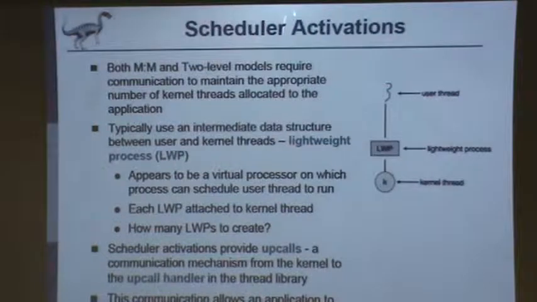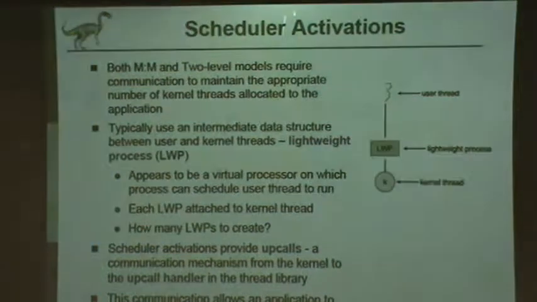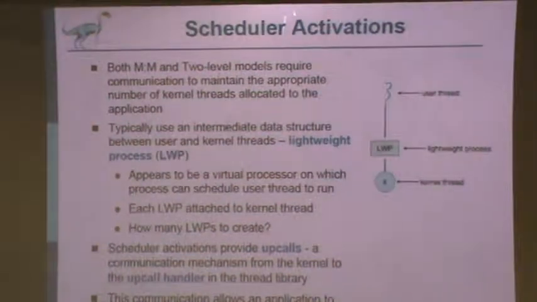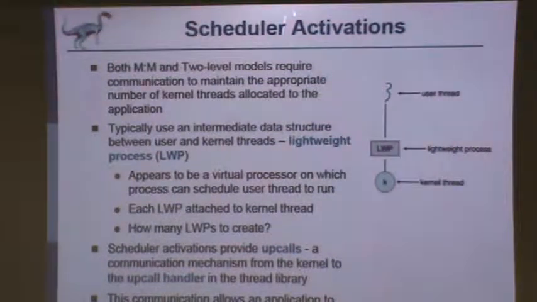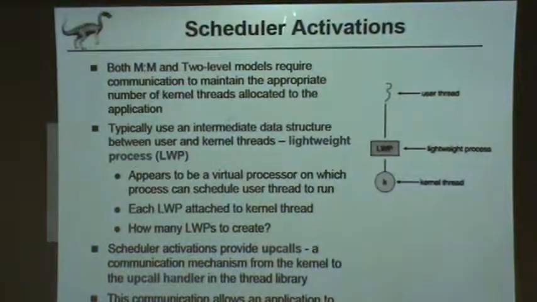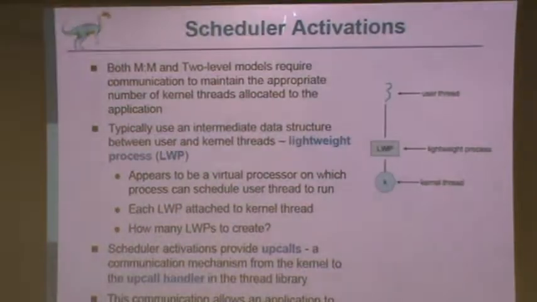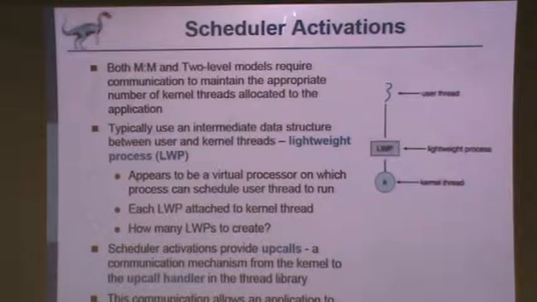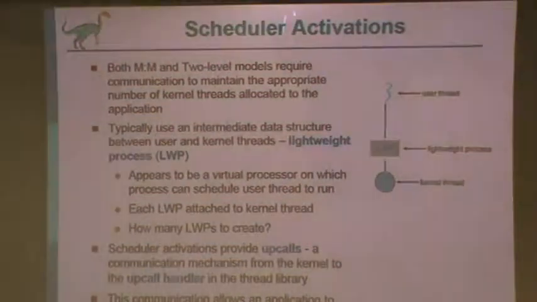There's also a way for the kernel to give feedback to the user thread. If one kernel thread is blocked or not responsive, it makes an upcall to the lightweight process.